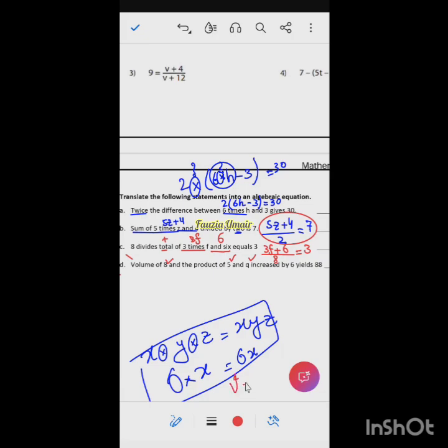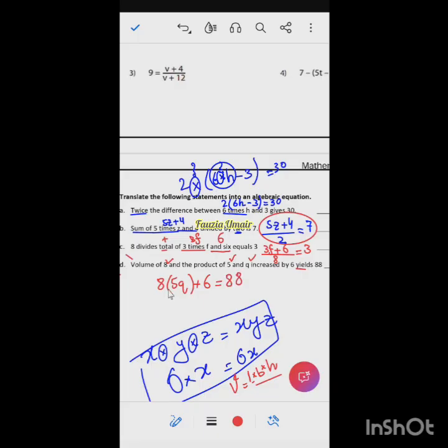Volume is equal to length, breadth and height. So there are 3 numbers multiplied. So these are those 3 numbers. Like 8 multiplied with 5q increased by 6, meaning plus 6, yields, meaning gives you 88.